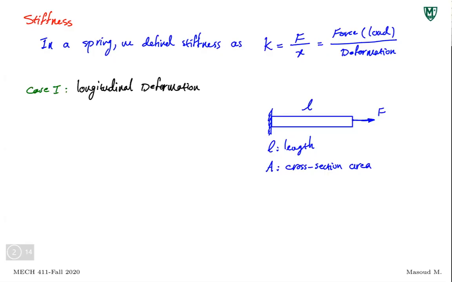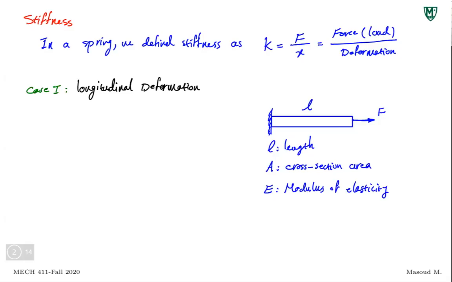And E is the modulus of elasticity. The units can be meter squared for area, and pascal, gigapascal, or kilopascal for modulus of elasticity.